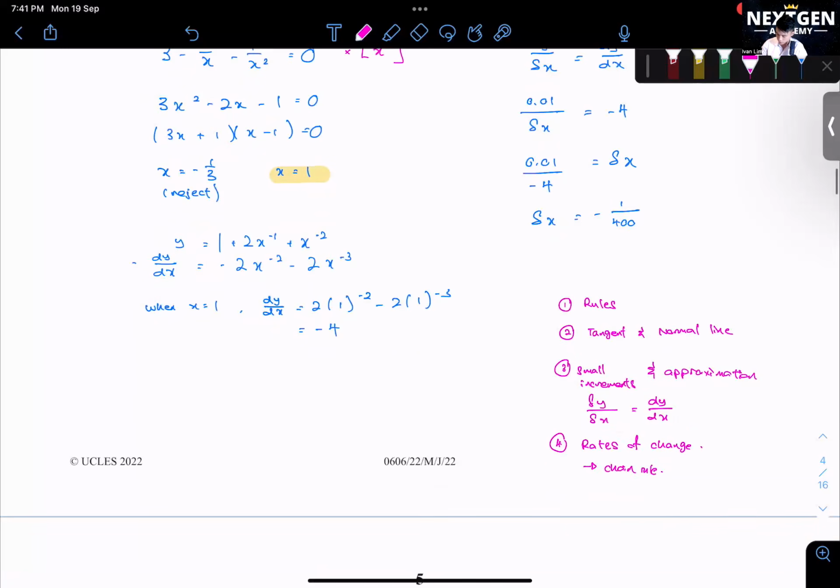Then the fifth type, normally they will ask you to find your d squared y over dx squared. So if you are very clear on what type of question they are asking, you just need to go to that particular section or step-by-step process. Don't get confused. Don't do rates of change, then small increments, then tangent and normal line, because all these are totally different methods.